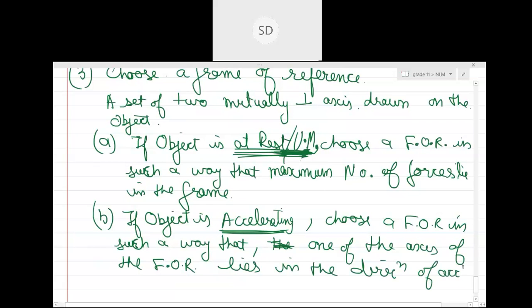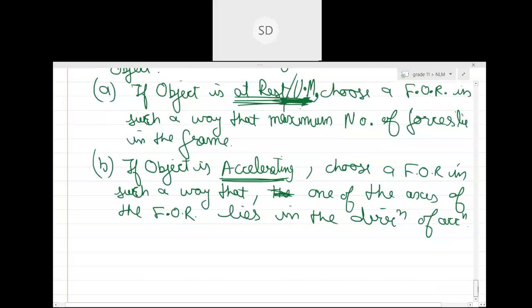Now let's see what you mean by step 3. Please remember guys, it's not that I'll give you this whole thing first and then start explaining the steps. No, step by step we will explain each and everything.